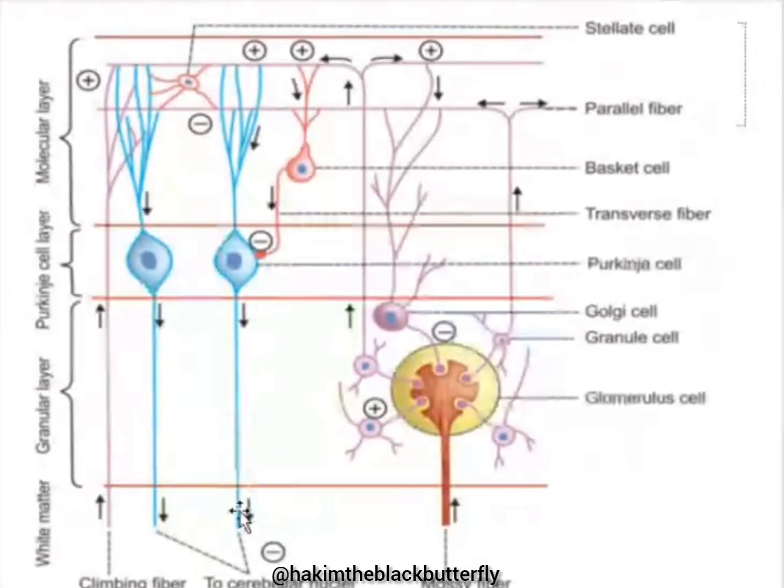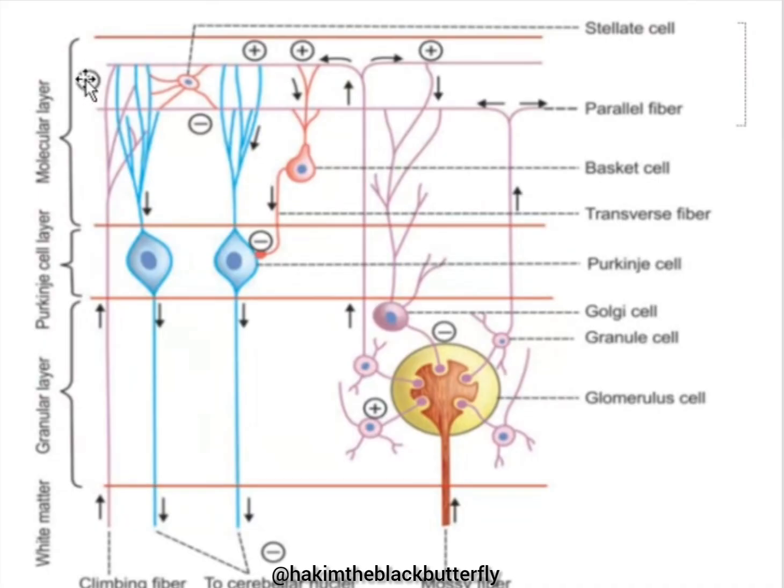And this information is going to go to the white matter on towards the cerebellar nuclei. And it is inhibitory. That is why it is having a minus. Whereas the information entering into the cerebellum, which is afferent, is excitatory.